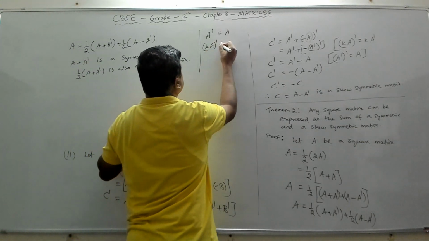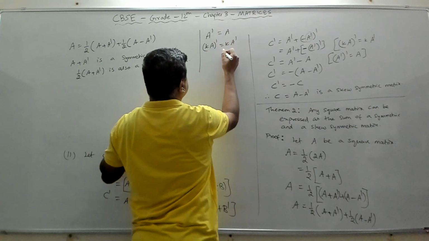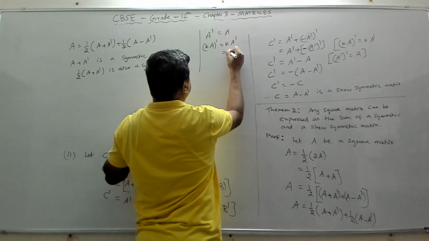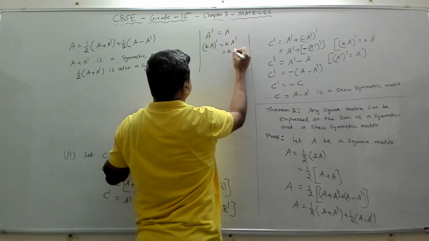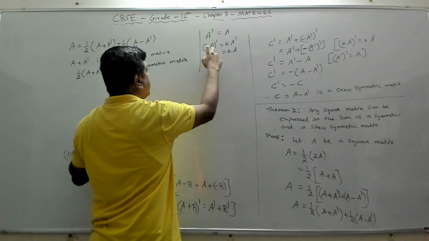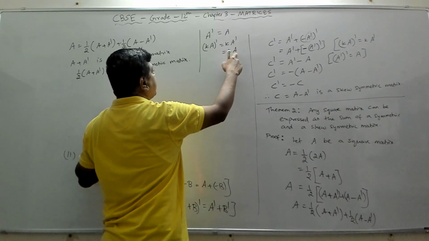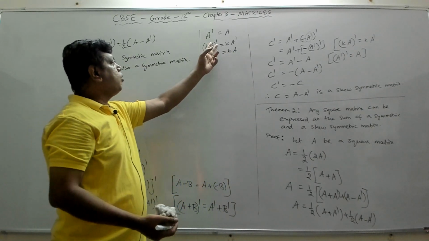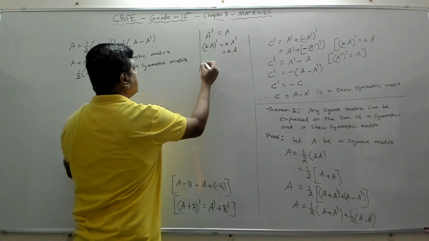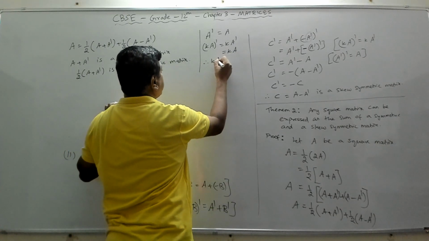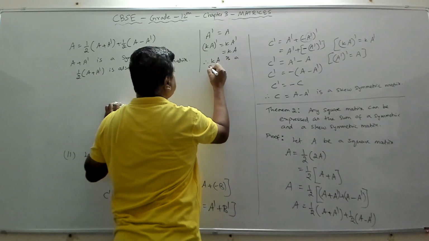Ka the whole transpose is K into A transpose, and A transpose is A, so it will become Ka. So Ka whole transpose equal to K into A, therefore K into A is a symmetric matrix.